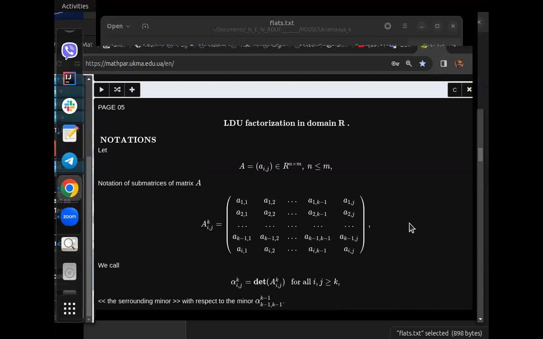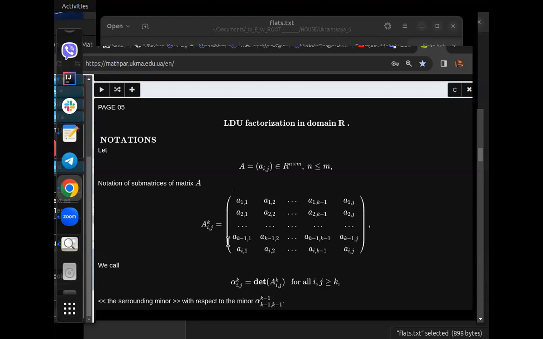A few words about the notation, because it is very important. Let we have matrix A, with elements little a ij, of size n by m over the commutative domain R. We will use such notation. This is a submatrix of the matrix A which consists of the corner block.